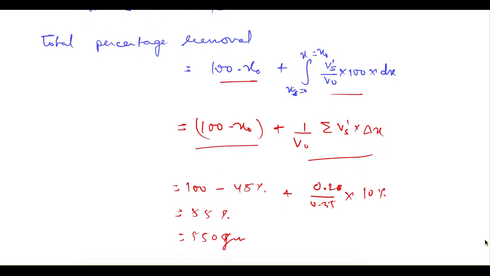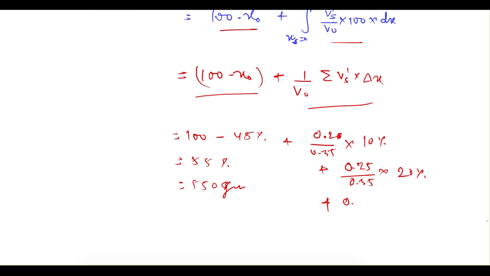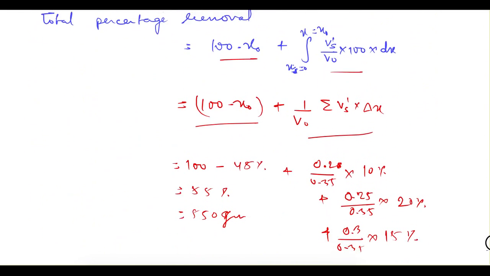So this is just what we had done. Similarly for 0.2 mm particles, this velocity was 0.25 I guess, multiplied by 20%, plus 0.3 by 0.35 into 15%. So this way also we can obtain it; both ways are the same.